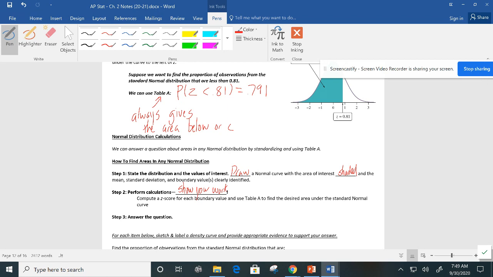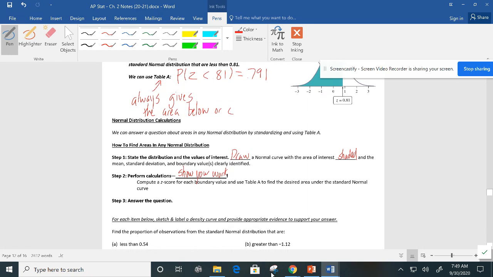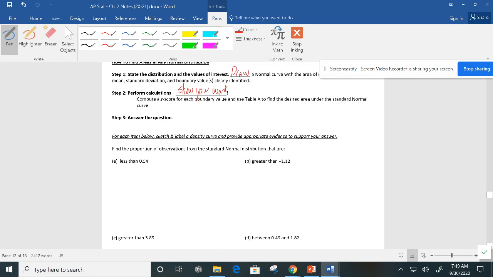We'll do most of the examples in class, but I want to take a look at one more of these. So we're going to do question B here. B says, find the proportion of observations from the standard normal distribution that are greater than negative 1.12. So what we're trying to find here is the probability that z is greater than negative 1.12.